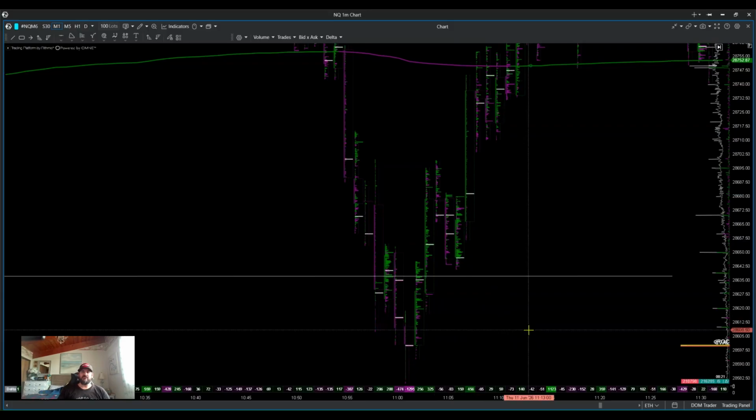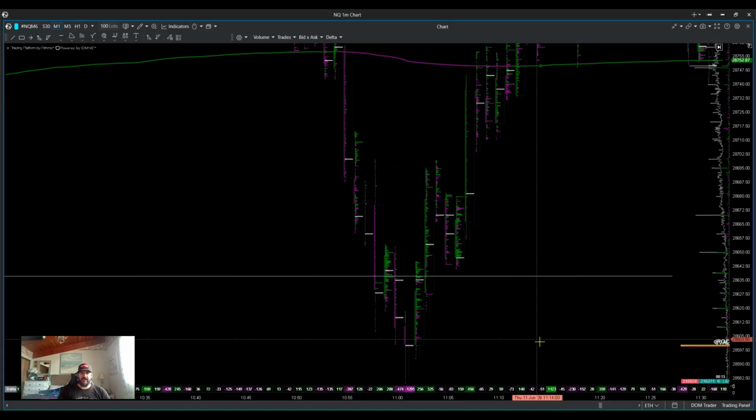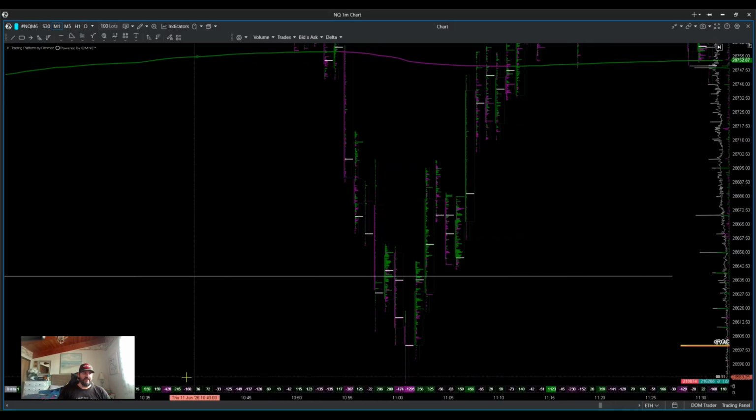Okay, so it does tell you who is in control. Are buyers in control or sellers in control? Down here it's just the delta, not delta divergence. It's just called the delta. It gives you the numbers of the delta.